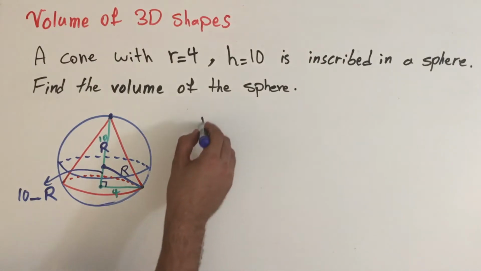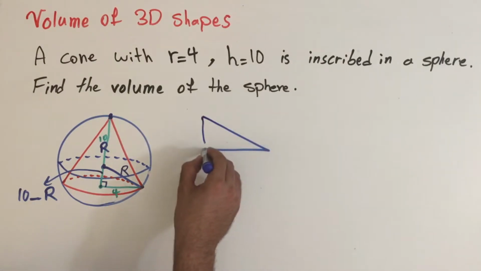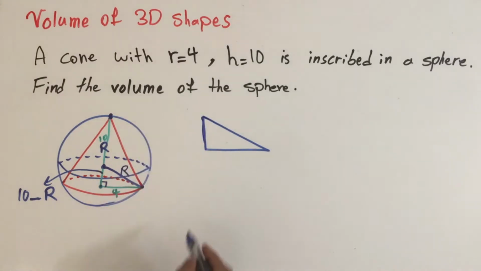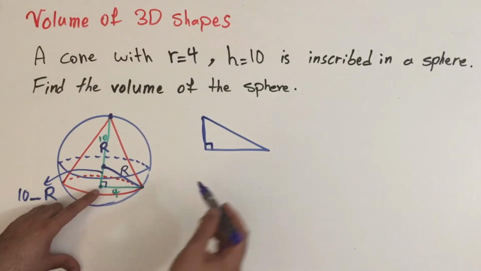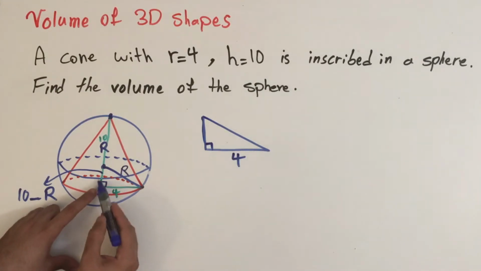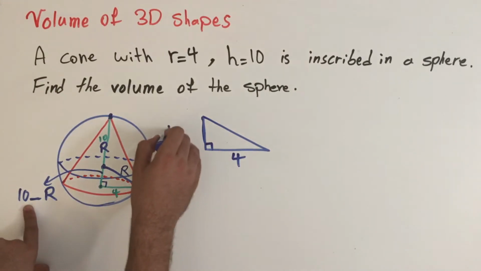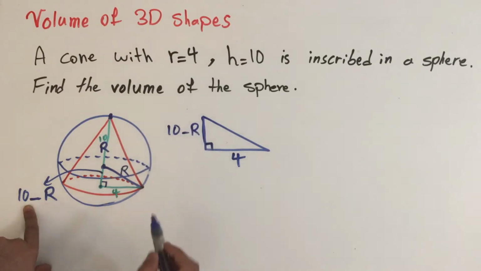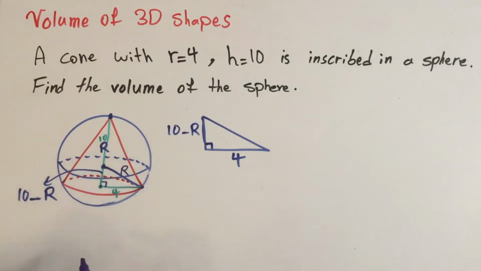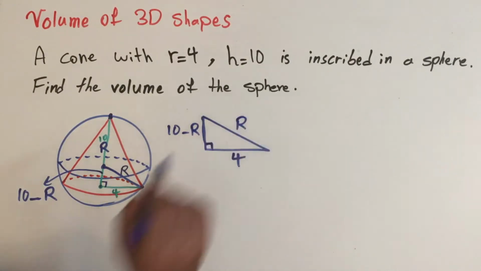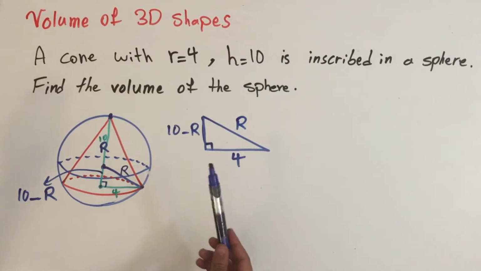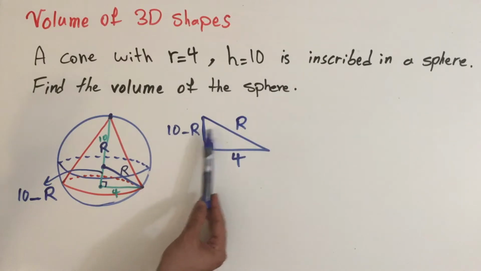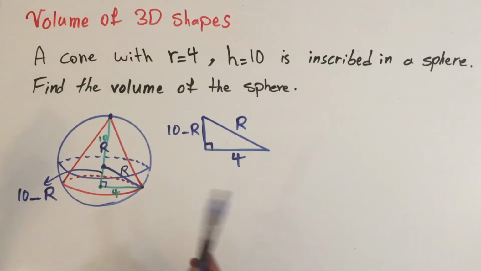I'm going to sketch that right triangle outside my picture. So I know that this side is 4, this small one is 10 minus r, and then the hypotenuse is r. If you remember the Pythagorean theorem, you can use that formula to find the value of r, and from there we can find the volume of the sphere.